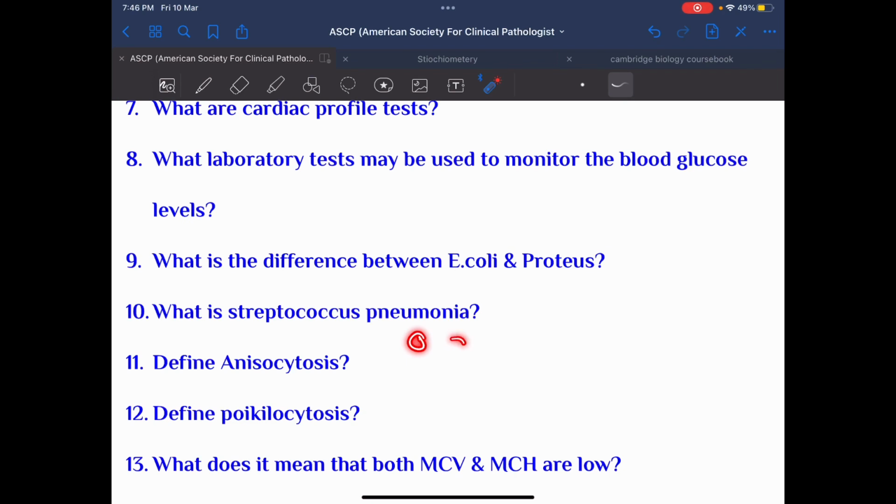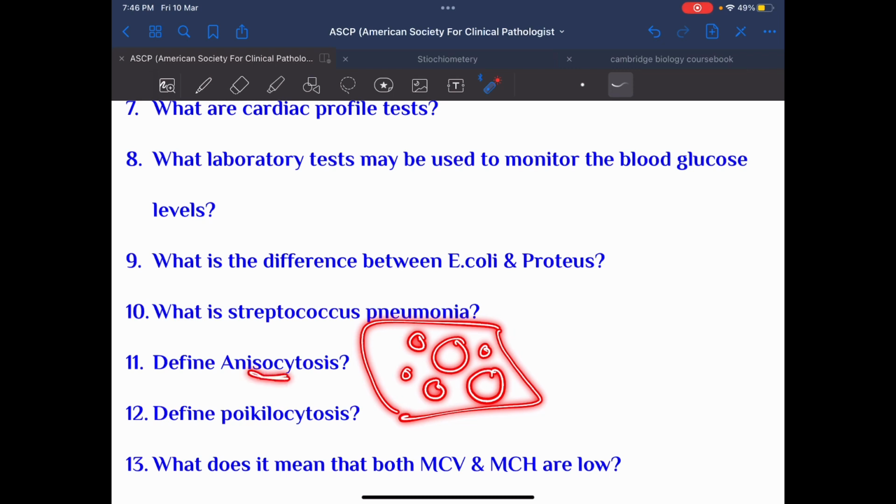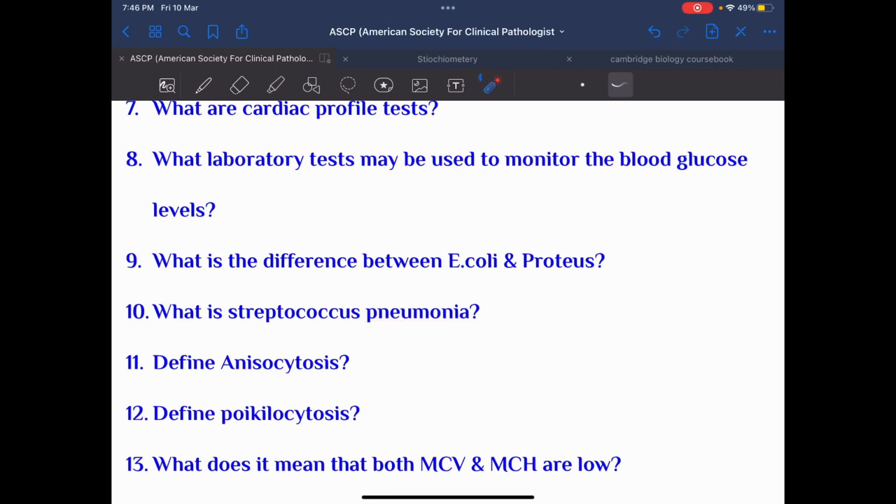So you will find small, big, and small, moderate, big. So different sizes of the RBCs.